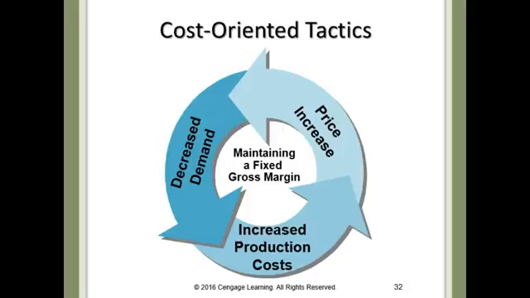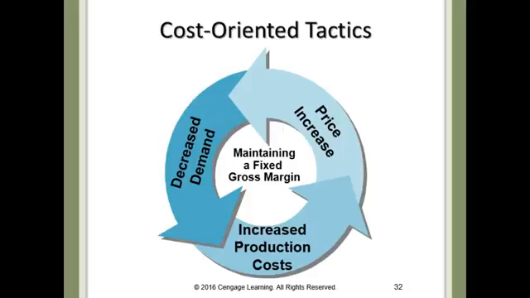So as a price increase happens, demand is going to go down. When demand goes down, it increases production costs, because if there's not as much demand, you're not going to make as much of that product. That right there is lost economies of scale.